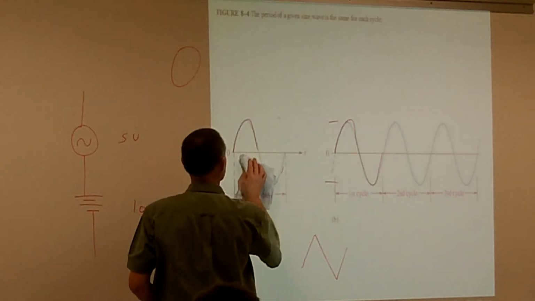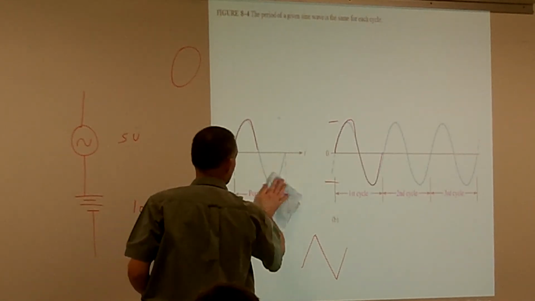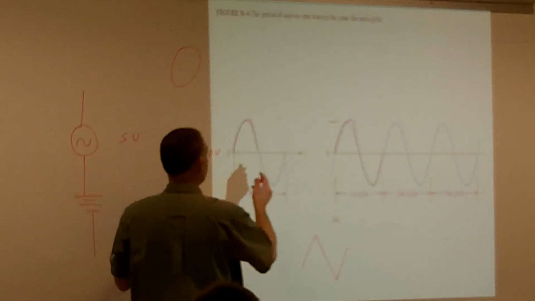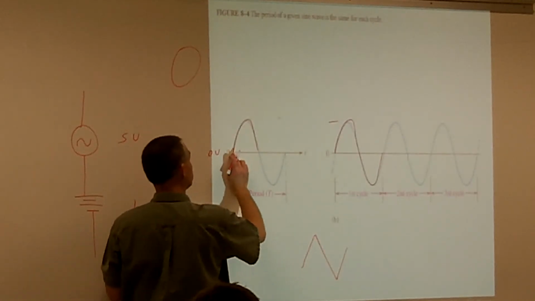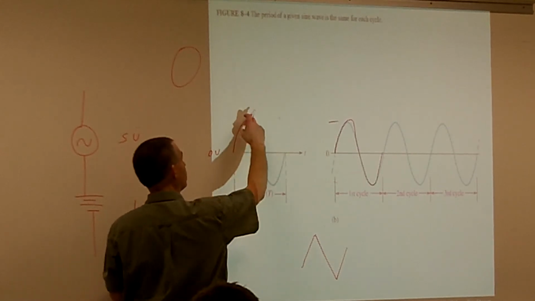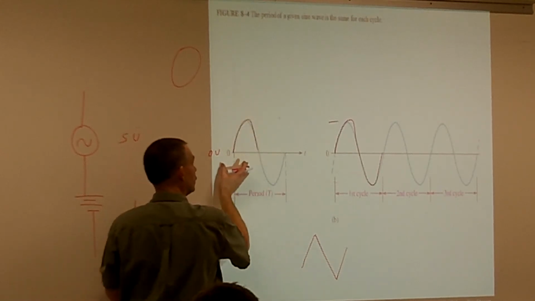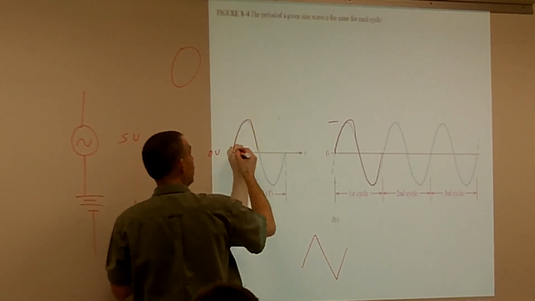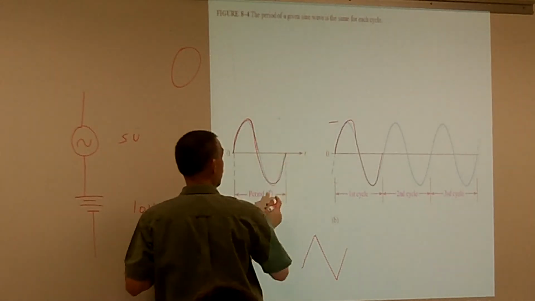Everything has a certain amount of time. Everything is based off of time. That's how we end up getting our AC waveform, because I can't vary my voltage instantaneously. I couldn't be at 0 volts and 5 volts at the same time. So I have to give it a certain amount of time, and that amount of time is what we call our period.